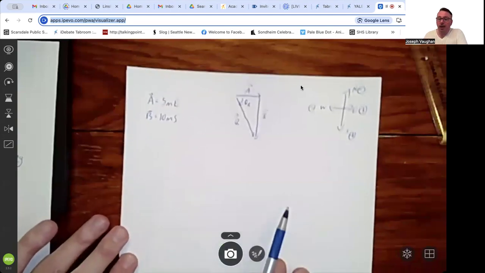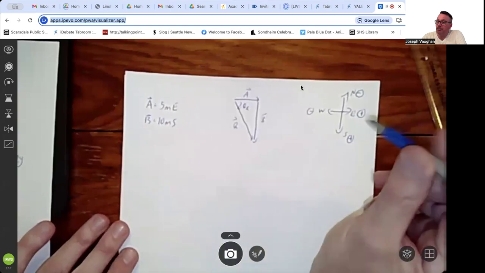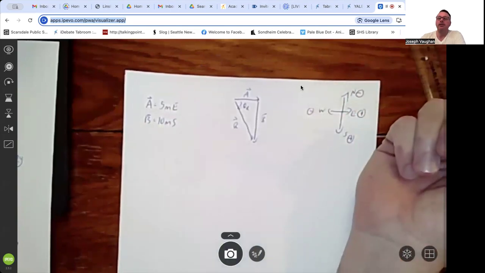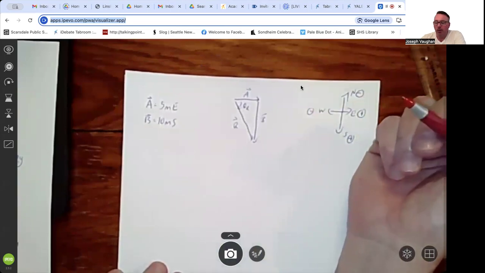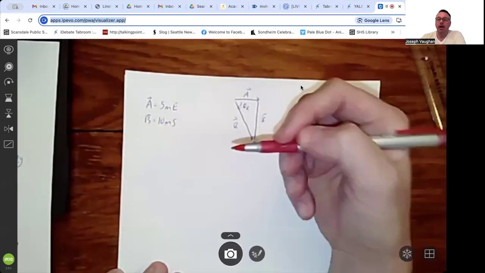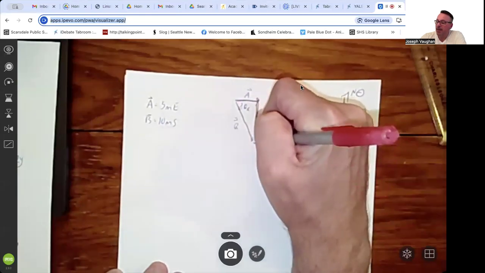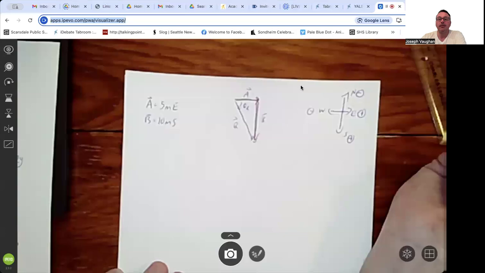Because what I'm going to recognize here is, remember, when in the last video, I talked about components. If I look here, and if I would say, well, what are the components of vector R, right? What are the parts of vector R that lie along the axes? I think you'd very clearly see that they match up with A and B, right?